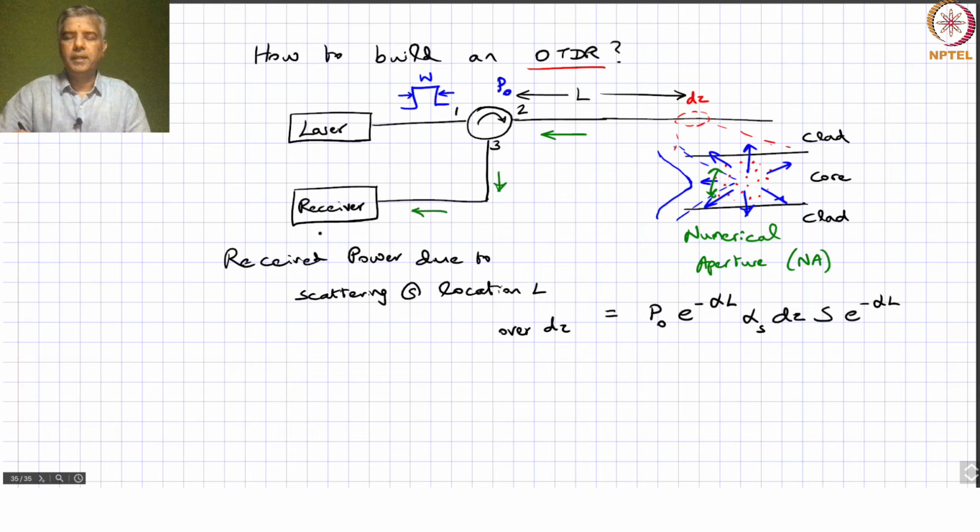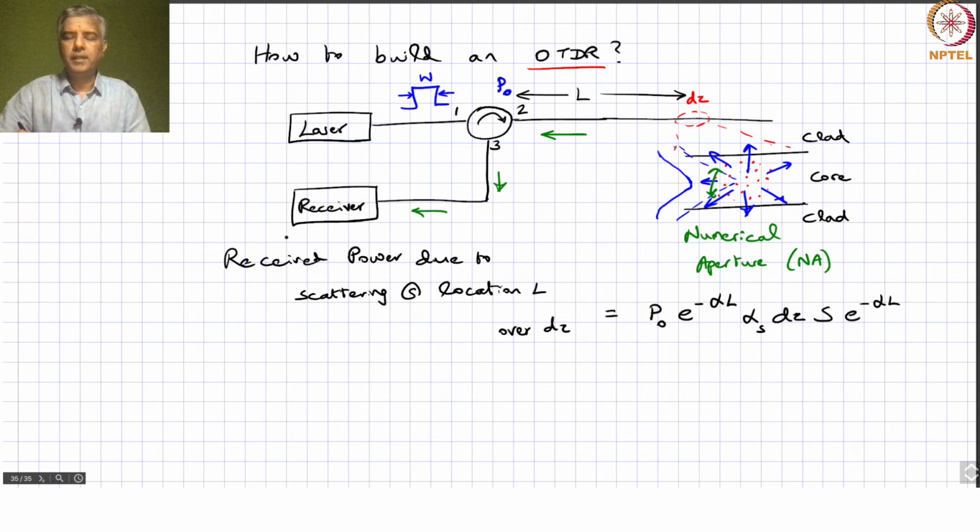Let's just say the receiver is such that it can integrate all this power under that pulse width W. It has enough bandwidth to essentially integrate the power.